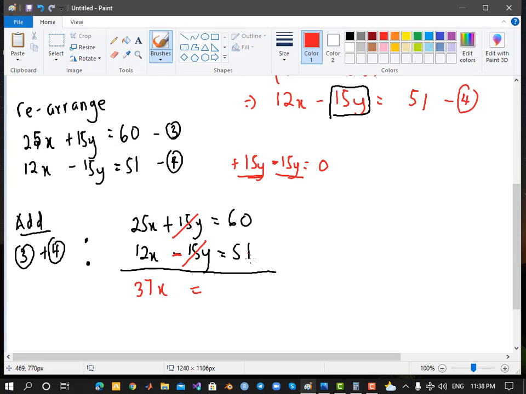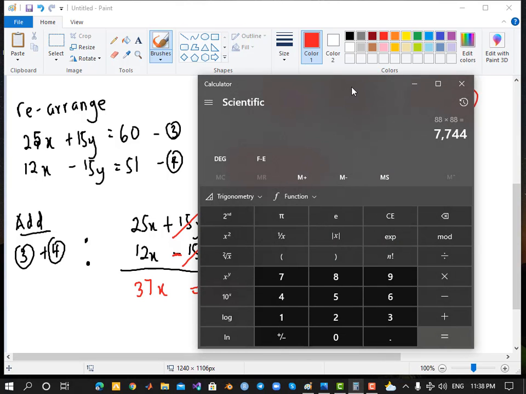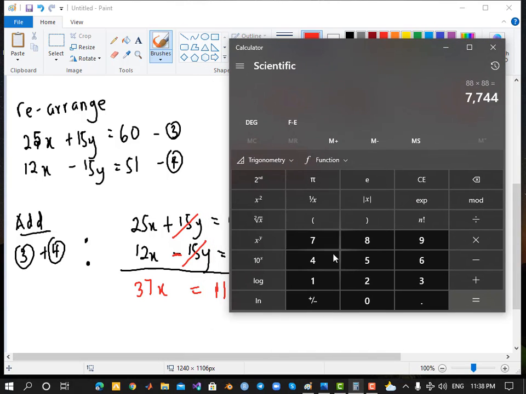And you have equal to what? 60 plus 51 will give us 111. So let's do some calculation here. On my calculator, 25 plus 12, I'm going to get 37.